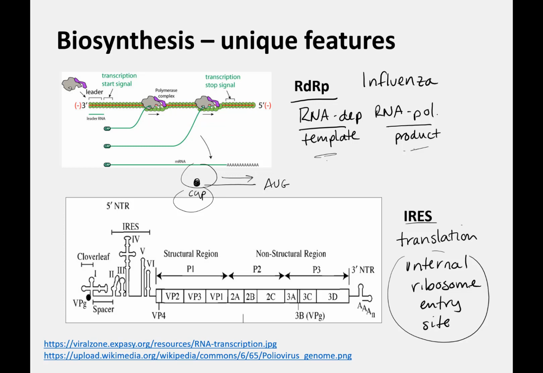With an internal ribosome entry site, these viral RNAs don't have a cap, so they actually direct the ribosome to land, like a landing pad, right where translation needs to start. That's kind of cool. Or if you don't think it's cool, at least it's different than how our genes are expressed.